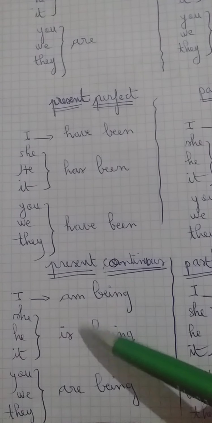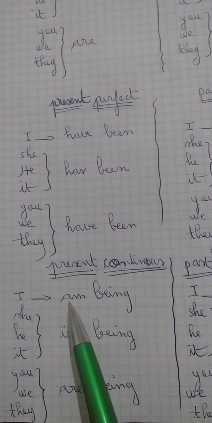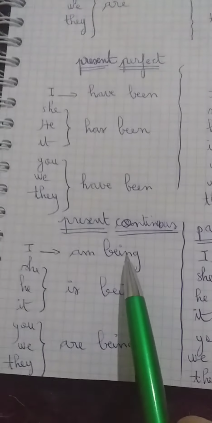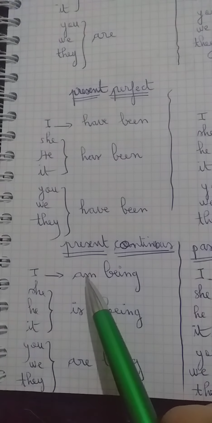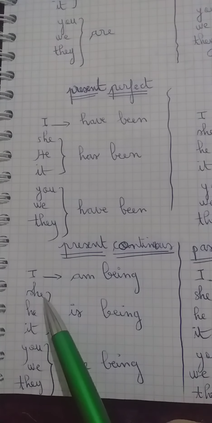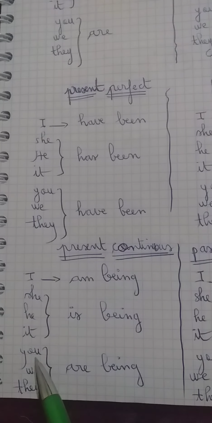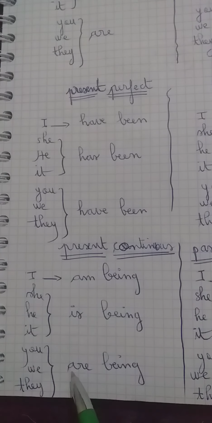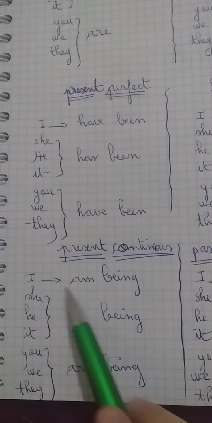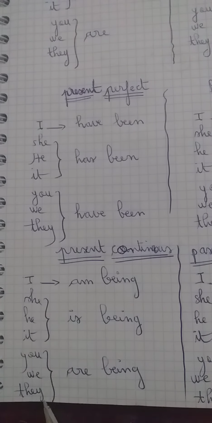Is it clear? Here, to be in present simple with I is I am, with the singular personal pronoun is, and with the plural form are, plus be plus ing. So here I am being, she, he, it is being, you, we, they are being.